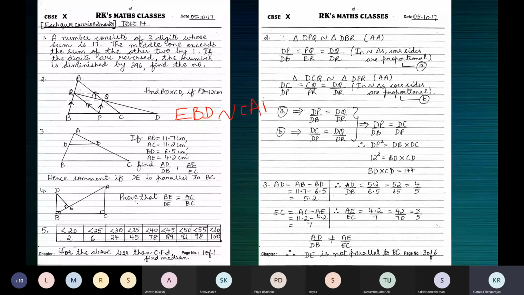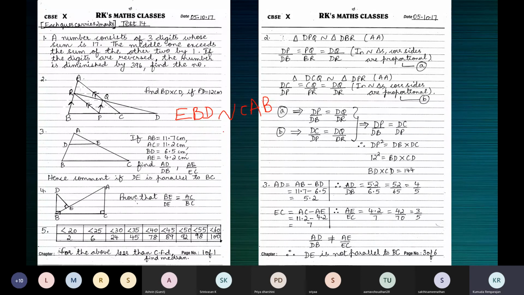CAB. E goes with C, 90 degrees, correct? B goes with A, correct? And then D in the small triangle goes with B in the big triangle.